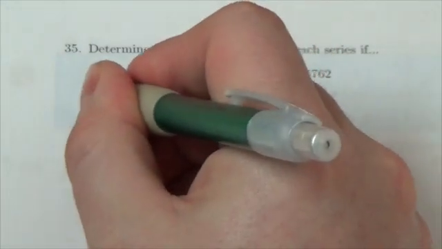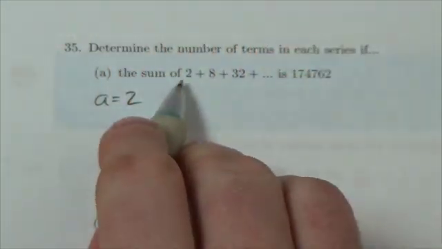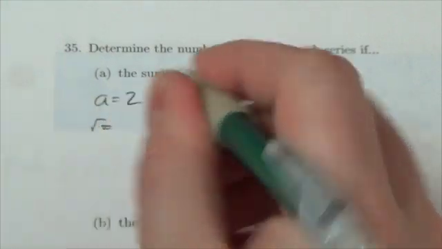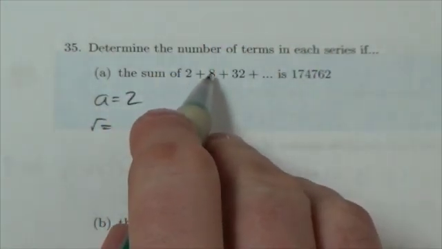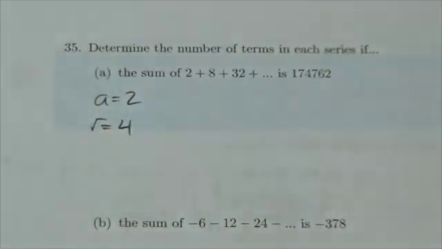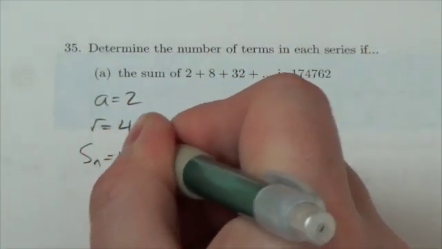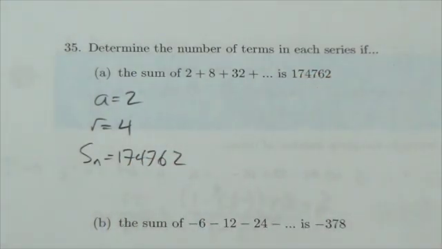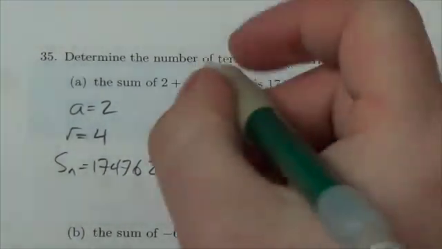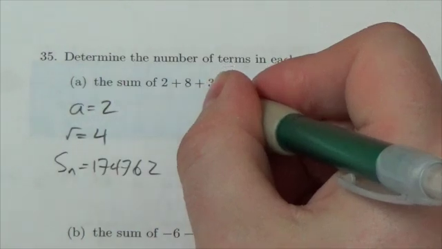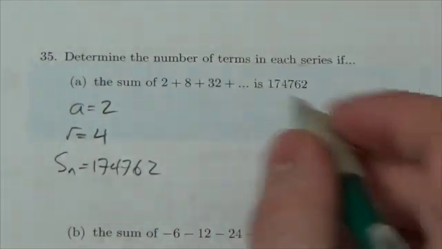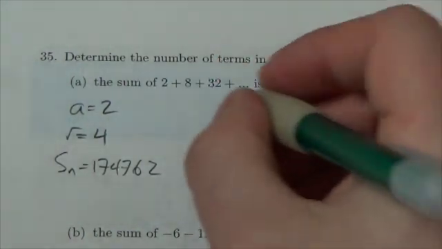Well, we know that a is equal to 2, that r, and I can just compare the first two terms here. 8 divided by 2 is 4, so r is equal to 4. And we know that the sum is 174,762. So I'm going to use the formula where we don't know the last term, because in this case we don't know the last term.